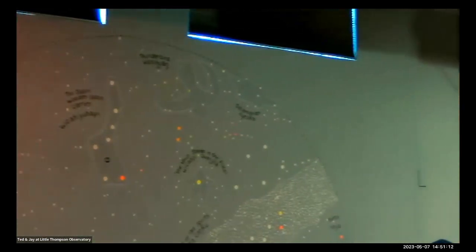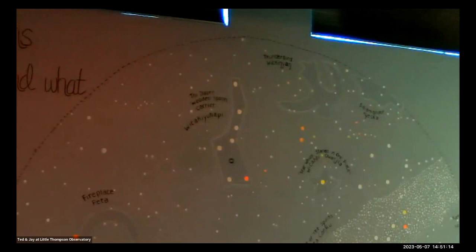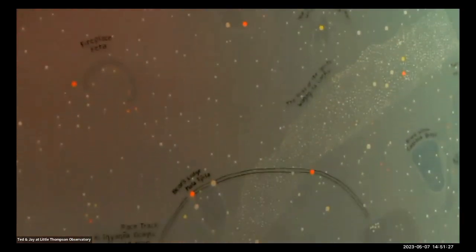What Ted is panning across now is a very important graph for us. This is the sky as viewed by the Lakota people of the North Central Plains.